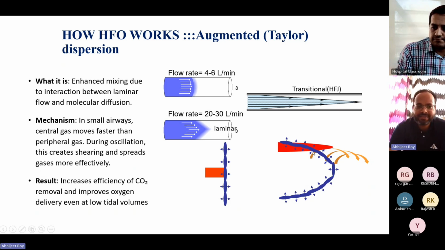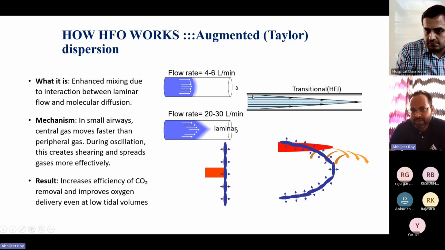So this will help in effective gaseous exchange. This is because of the shearing and spreading of the gas at the junction of the airway and the gas flow. This will help in efficient removal of carbon dioxide and improves oxygen delivery even at low tidal volumes.